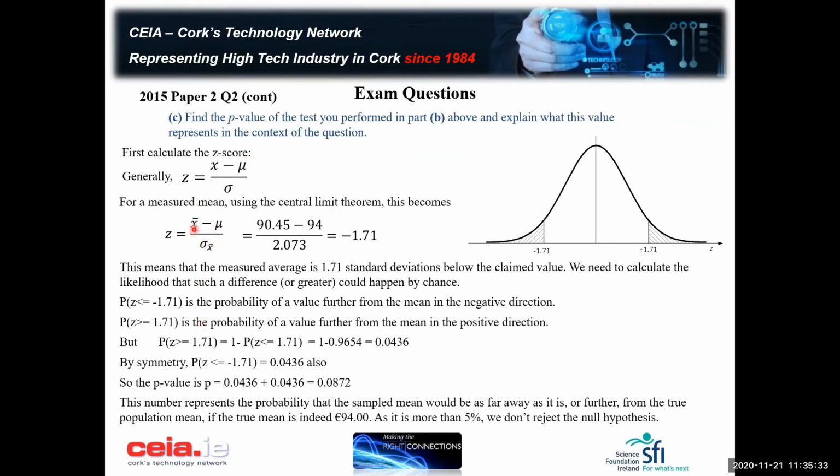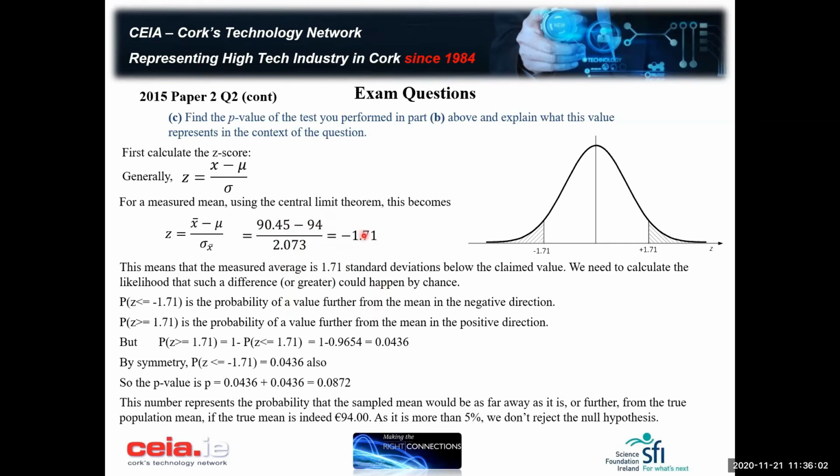So the x bar here was the measured mean, which we have, which is 90.45. 94 is the population mean that we're assuming, and the standard deviation of the sample means is 2.073. We've worked that out before, and we find that the z value is minus 1.71.